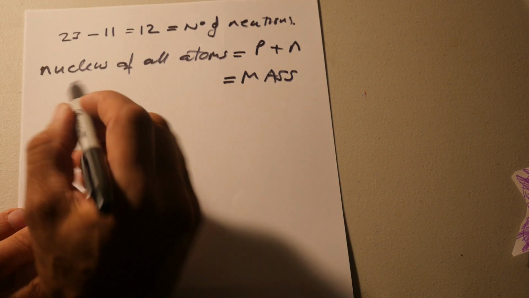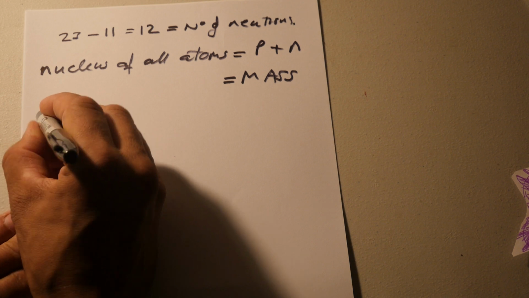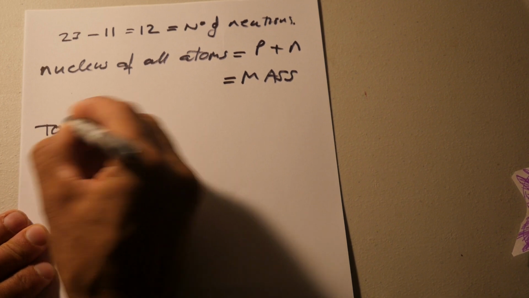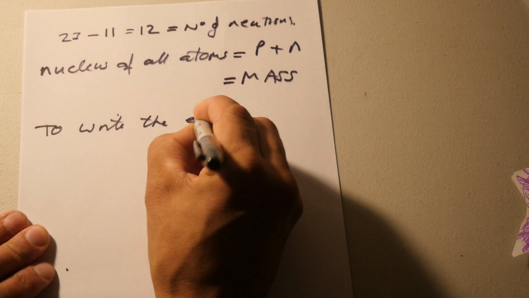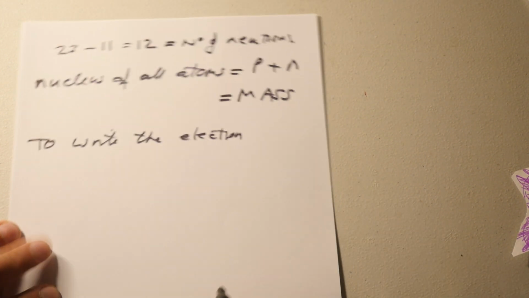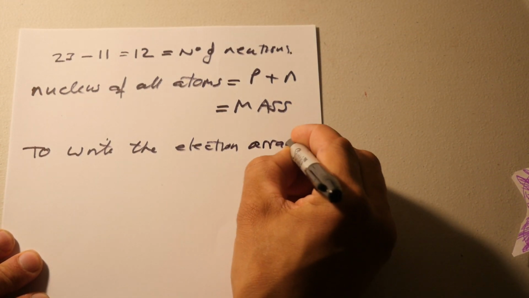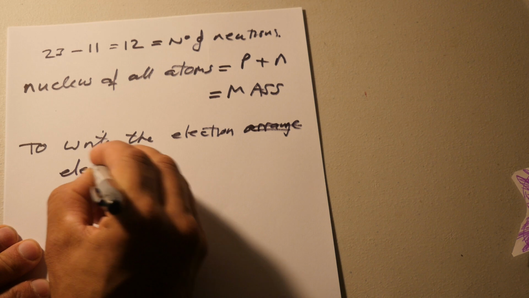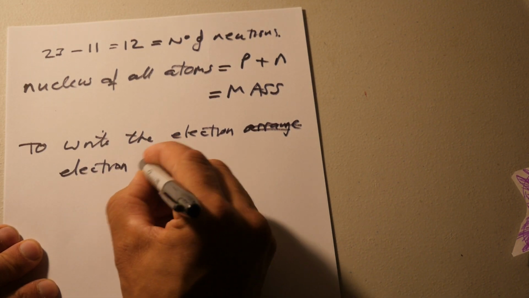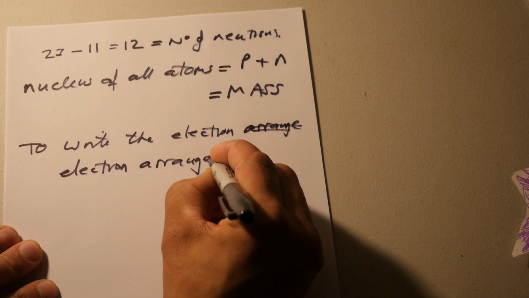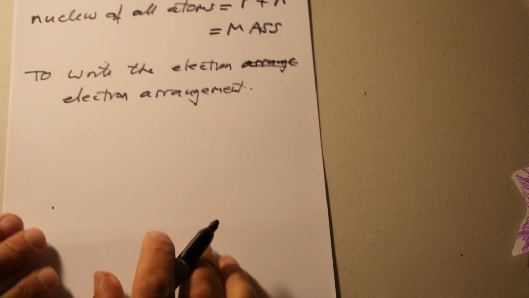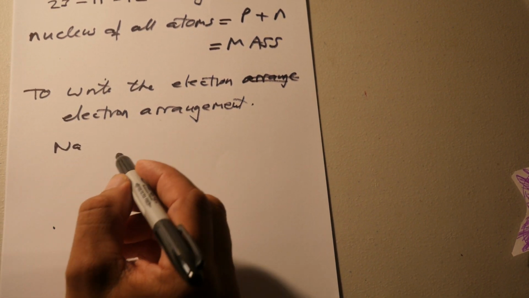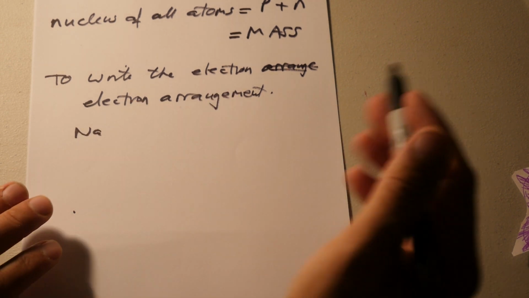So when you're coming to writing out the electron arrangement for sodium, the electrons are arranged in shells.